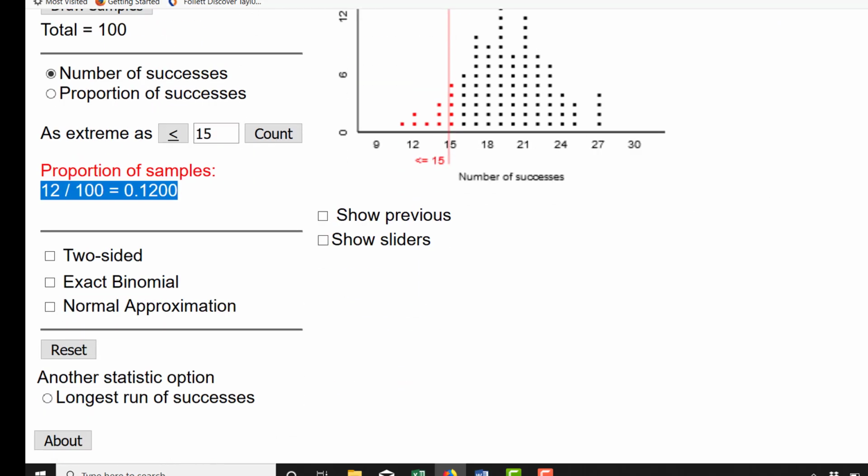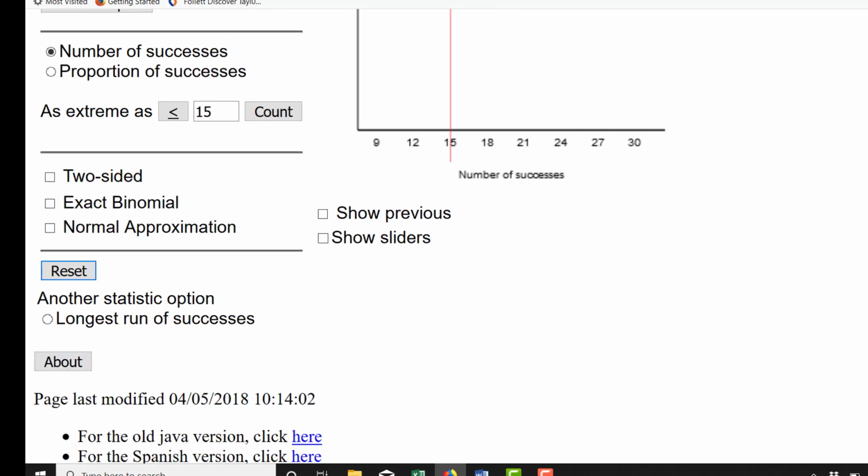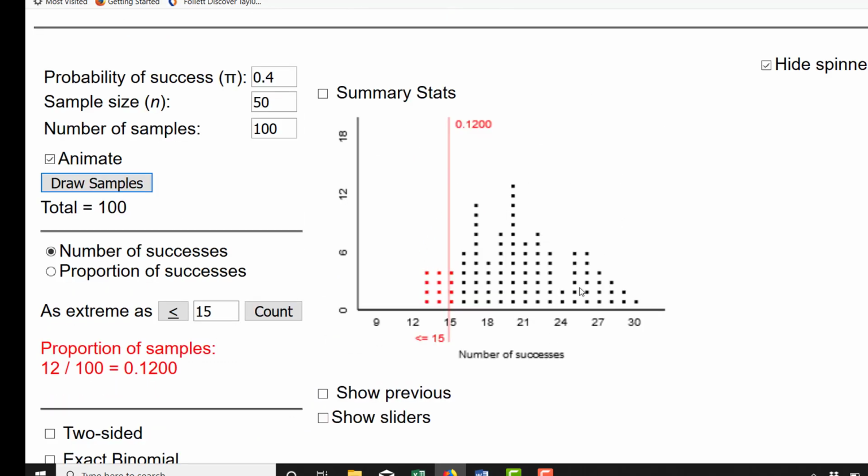Again, if I reset it one more time, I got this time a p-value of 0.12 with my new simulated distribution. Basically, if you do this simulation, you're going to get a p-value very similar to the 0.15 that I had. 0.15, 0.14, maybe 0.17, something like that. And so your overall conclusion about the null and alternative hypotheses should be the same.